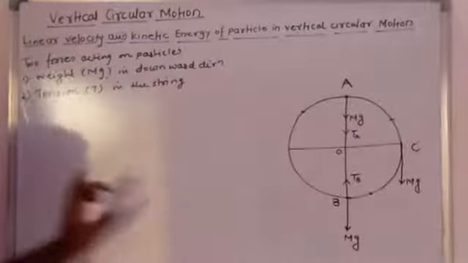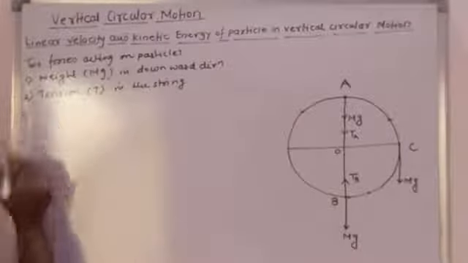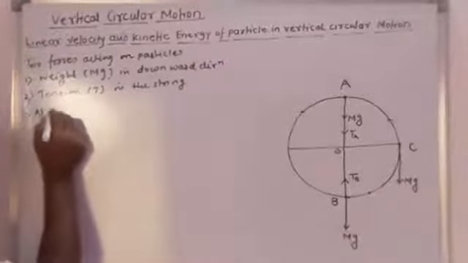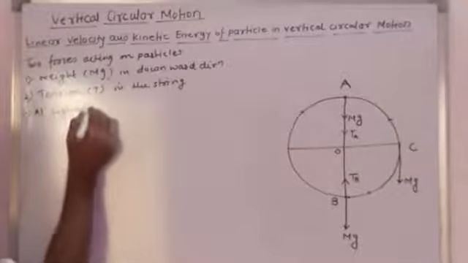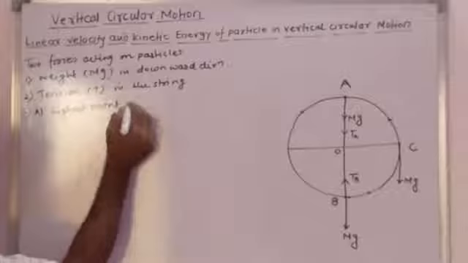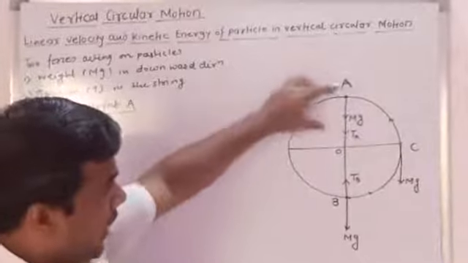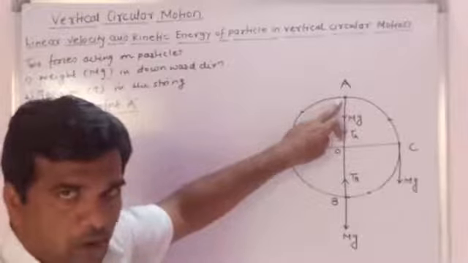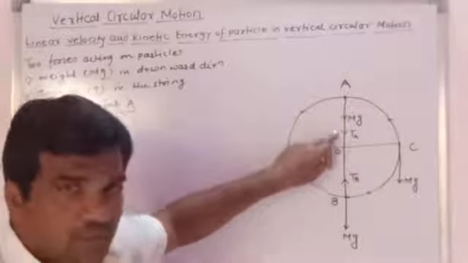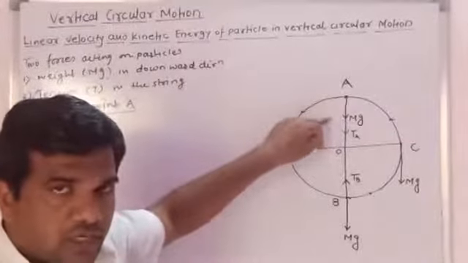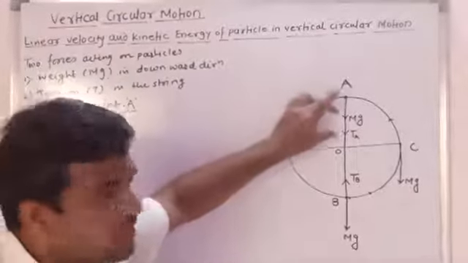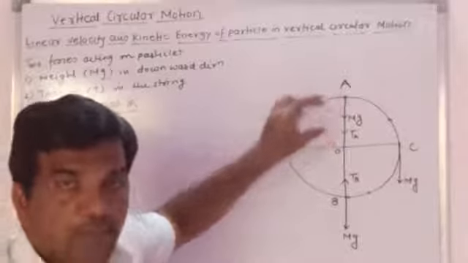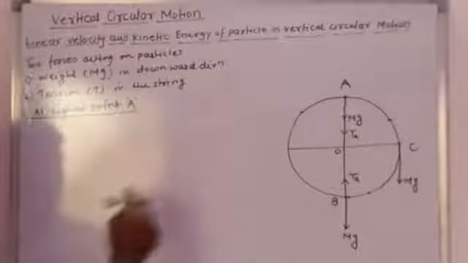At the highest point A, the weight of the bob mg acts downward and the tension acting on the string is also in the downward direction, and the sum of these two forces provides the necessary centripetal force to perform the vertical circular motion.